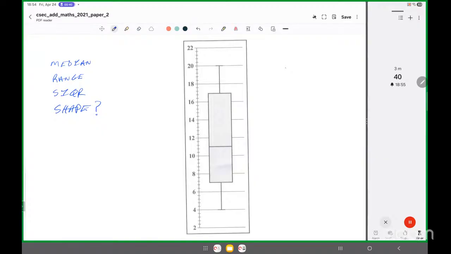Remember, the semi-interquartile range, SIQR, is what I want.